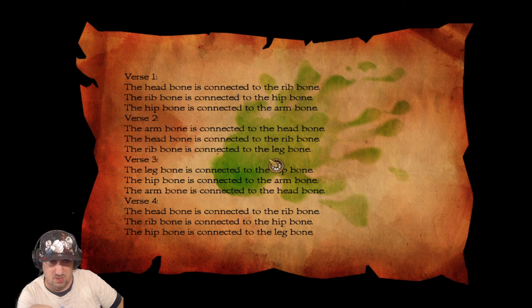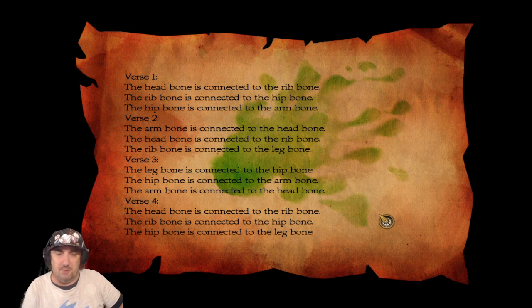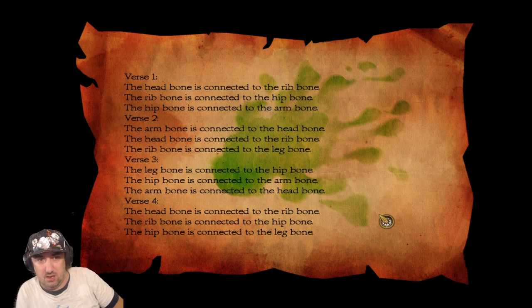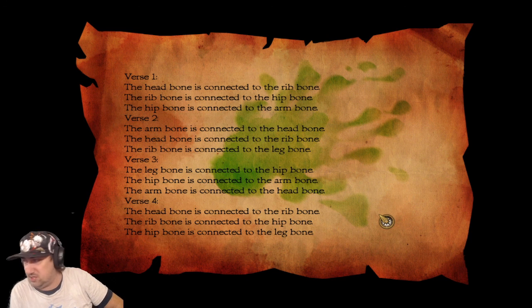Verse 2. Yeah, verse 2 is 1. Verse 3. Leg bone is connected to the hip bone. Yes. The hip bone is connected to the arm bone. The arm bone is connected to the head bone.